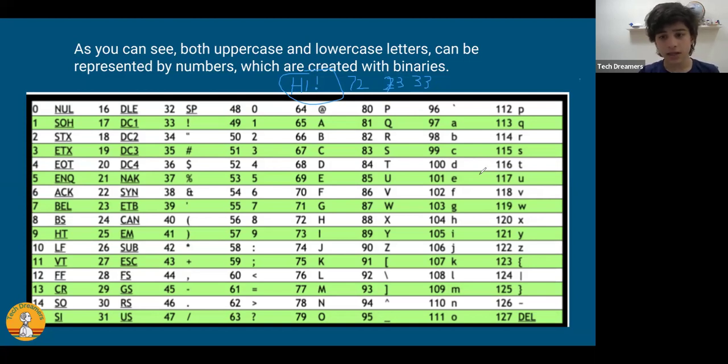So to make that easier, everybody has agreed on one system, one set of binaries that will all equal the same value. This is just a standardized chart, just like people can agree on Roman numerals or anything like that. This is a standardized chart that everyone has agreed on to make programming and technological integration easier.